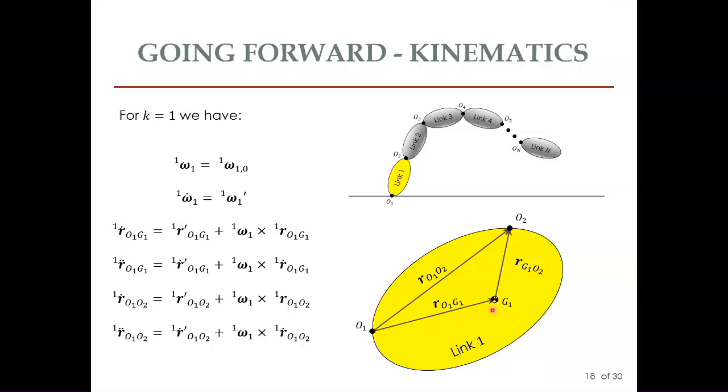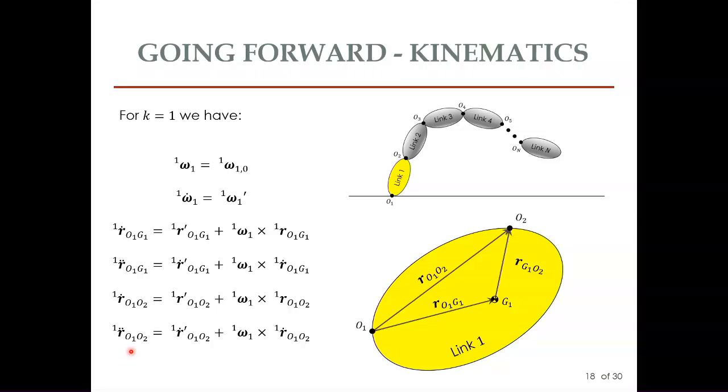Okay, and now what I'm working on here is this vector, R01G1 dot. Just according to the golden formula, R01G1 double dot, again the golden formula applied on the R dot. And R0102 dot and double dot, again just the golden formula for each. Remember, R0102 double dot is something I have already.